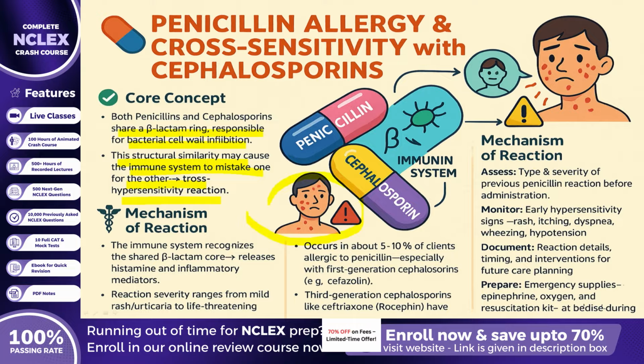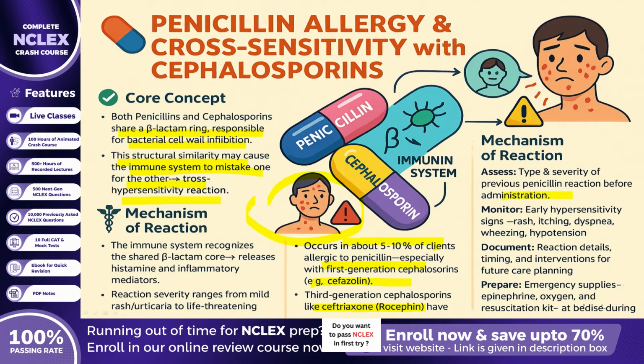Evidence suggests that around 5 to 10% of clients allergic to penicillin may experience cross-sensitivity reactions with first-generation cephalosporins like cefazolin, while newer generations such as ceftriaxone tend to have a much lower risk. Before administering any cephalosporin, the nurse must carefully assess the allergy history, including the type and severity of the previous reaction to penicillin.